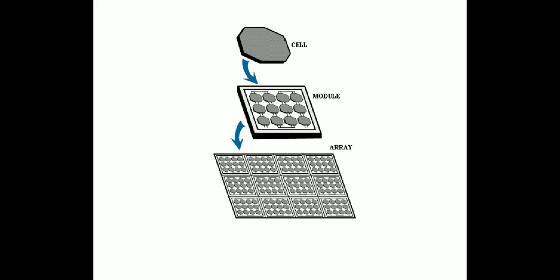See, one single cell is there, and by connecting the cells in either parallel or series arrangement, we can develop a module. Once different modules are connected with each other, an array is developed. In this way, the solar panel works.